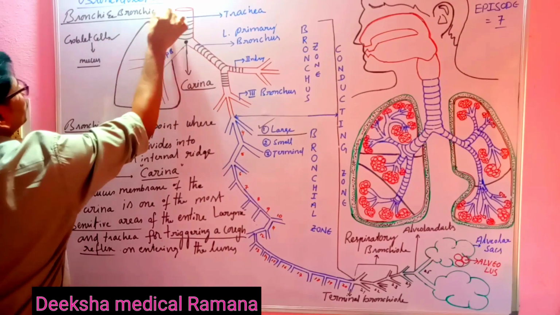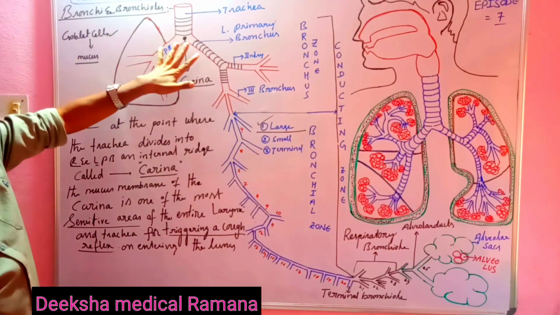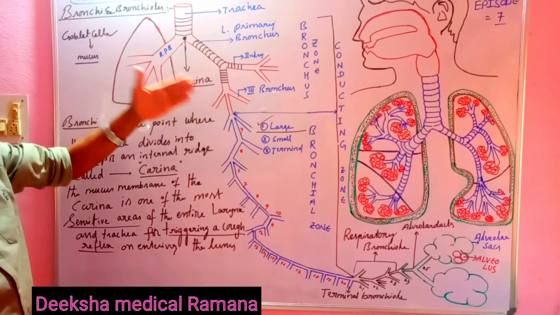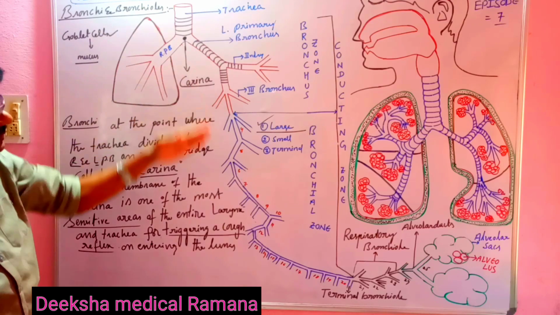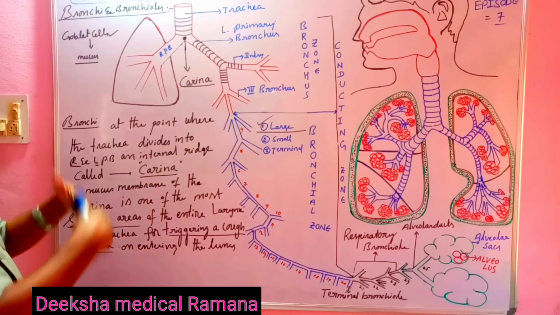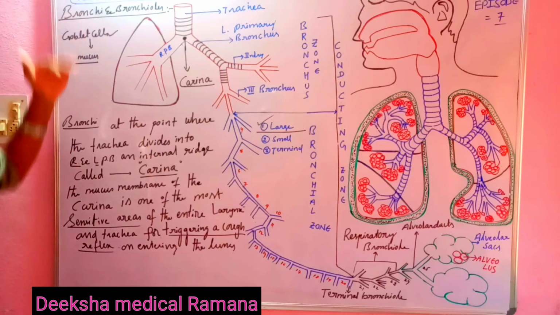Why is it a bronchial tree? Because the trachea branches into bronchi, the bronchi into bronchioles, and the bronchioles into terminal bronchioles. Like that, a branching network is present. If you invert it, it looks like a tree. That's why it is called the bronchial tree.